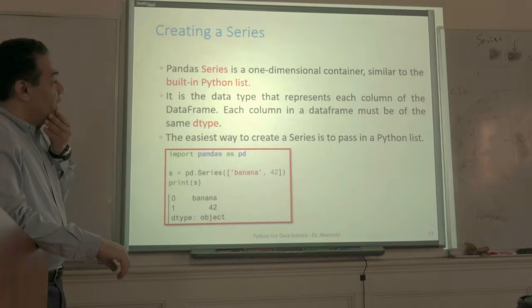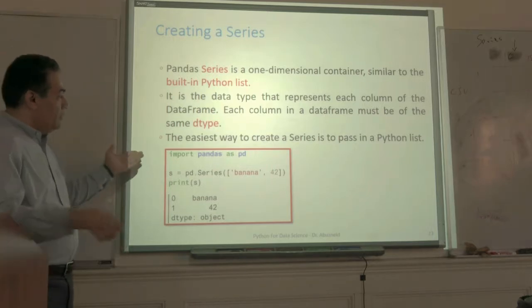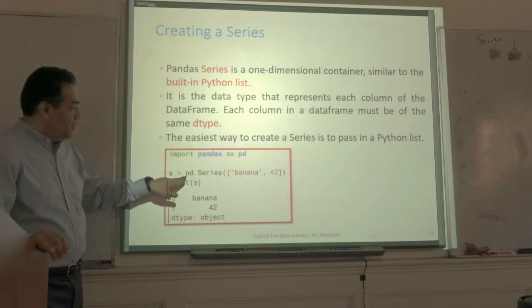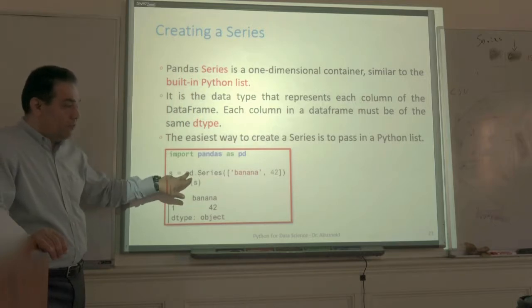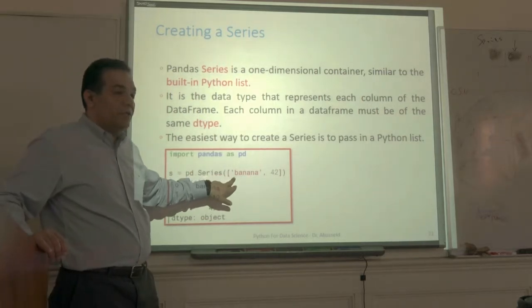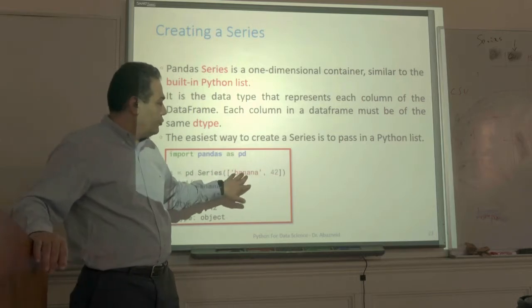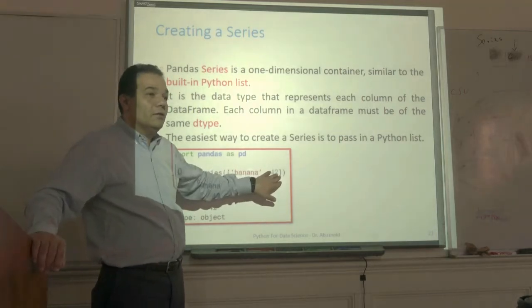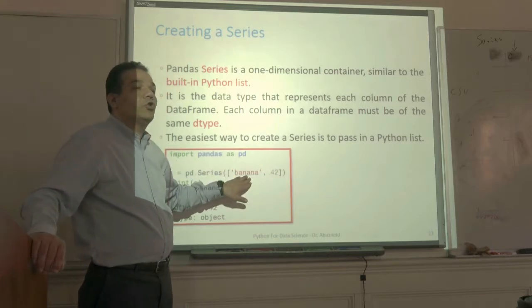The easiest way to create a series is to pass in a Python list. For example, here, pd for pandas, series, and I'm passing a list. How many elements does the list have? 2 elements, like a string and an integer. We don't call it a string in pandas, we call it object.